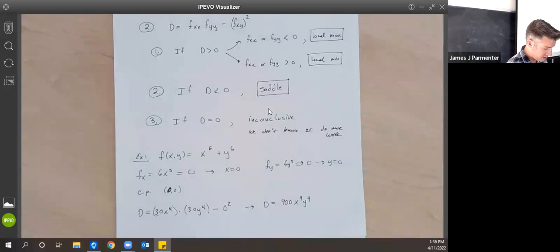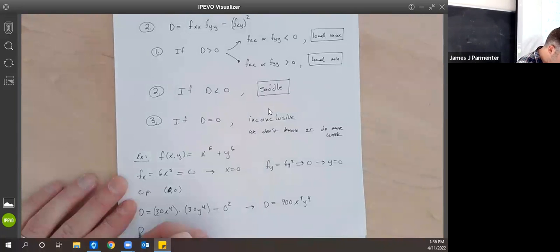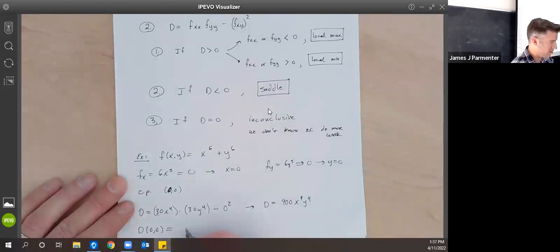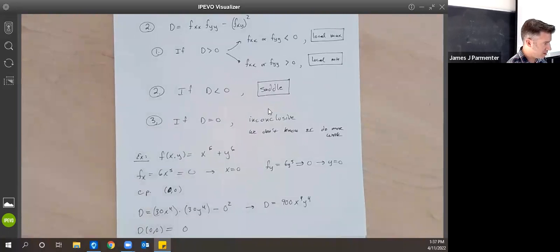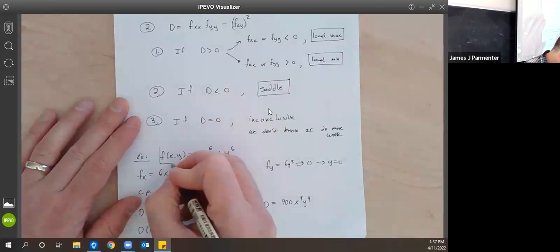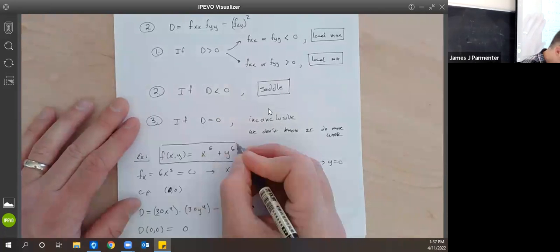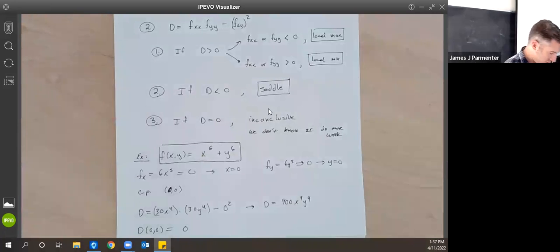When we try to find d at our critical point, if we plug in 0, 0, we're going to get 0, which is inconclusive. So from this test, we know 0, 0 is the critical point, but we can't tell if it's a max or a min. But we can tell if we do a little more exploration. If we look at this function, f of x, y equals x to the 6th plus y to the 6th, if we plug in 0, 0, it's going to be 0, right?